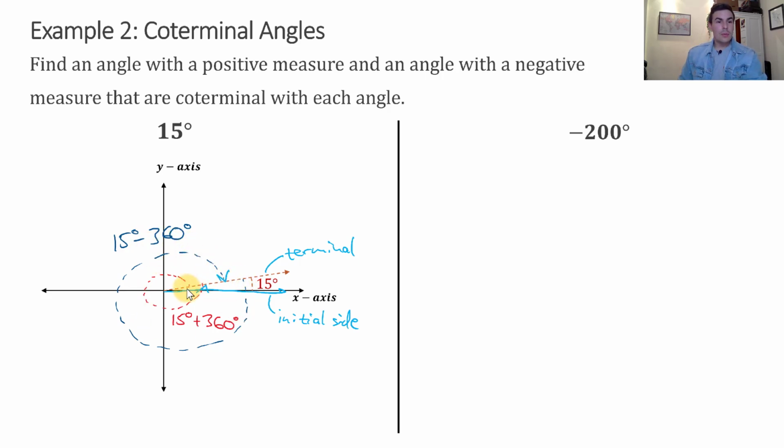Okay, that again would land me at this same terminal side, right? So we can find coterminal angles by either adding or subtracting 360 degrees. That is the easiest way to find a coterminal angle.